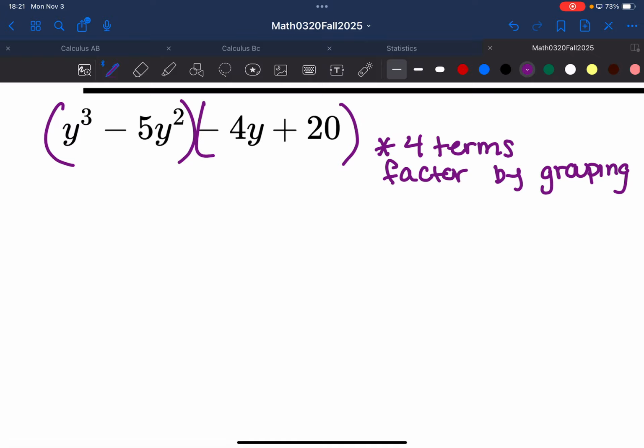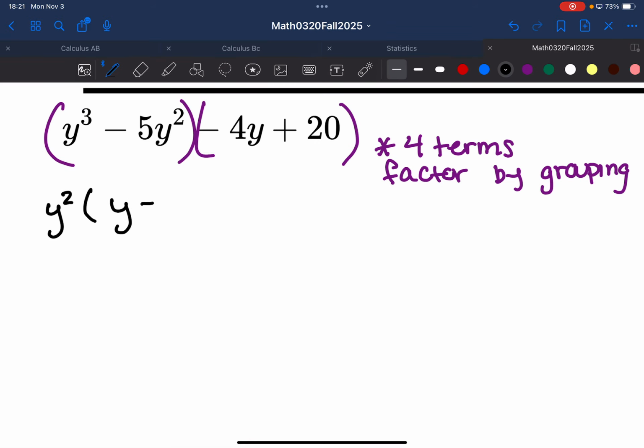This is where I was talking about before, where we can end up mixing together all our different factoring methods into one. So if I was to do factor by grouping, that means I need to take a GCF out of each parenthesis. So looking at the first parenthesis, what GCF can I take out? Y squared. Good, because they have more than one y together. So if I take y squared out, what's left over from the very first one?